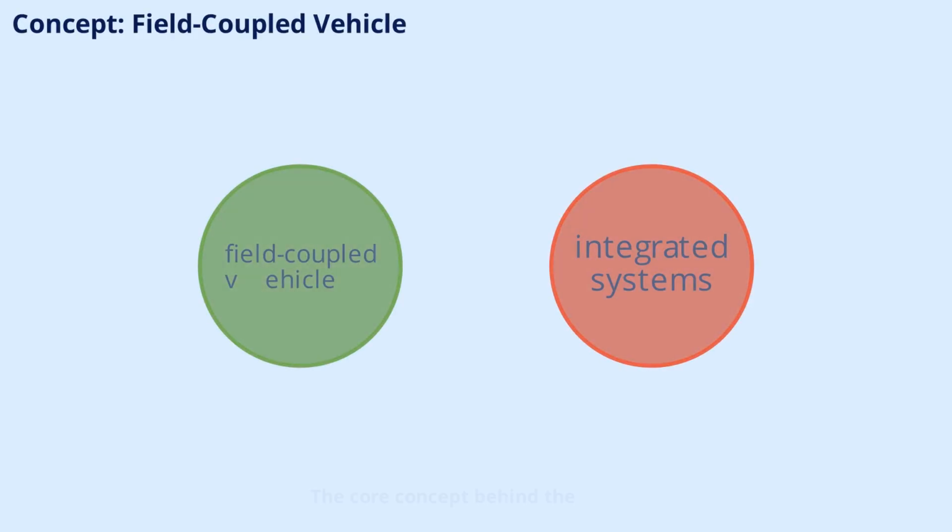The core concept behind the Aetherion Discus is the field-coupled vehicle. Unlike traditional craft, where propulsion, sensing, and control are separate, here every subsystem is linked by shared field effects. This means the hull itself participates in propulsion, sensing, navigation, and stabilization, creating a truly unified technological platform.